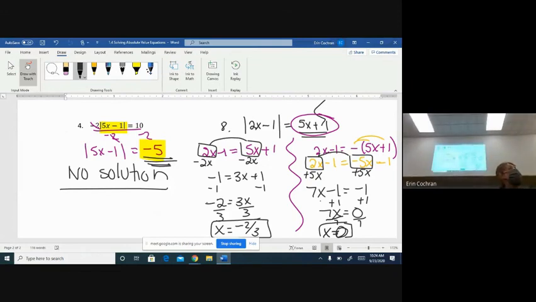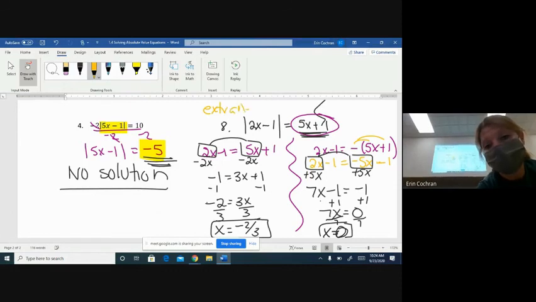But because we have a variable on the other side here, I mean, we should always check, but you need to definitely check here because there's such a thing known as an extraneous solution.